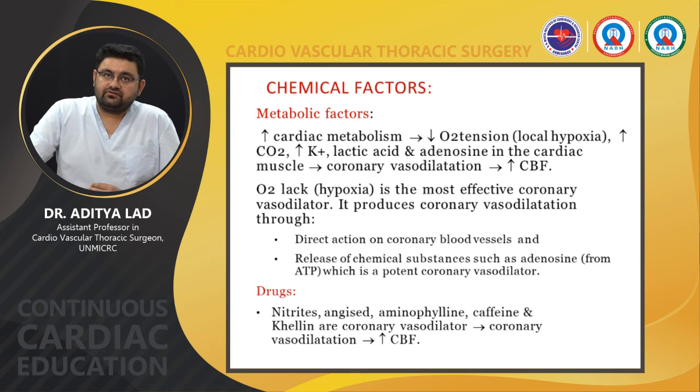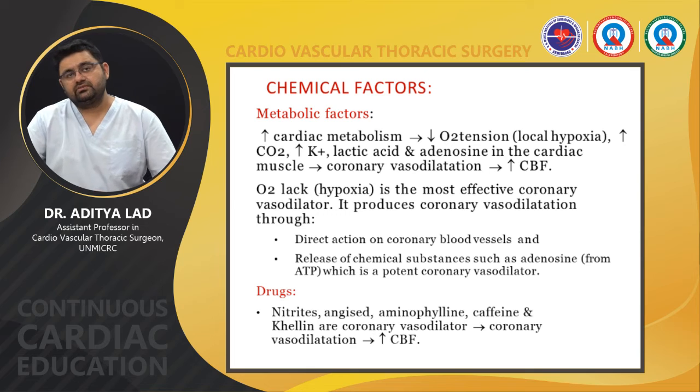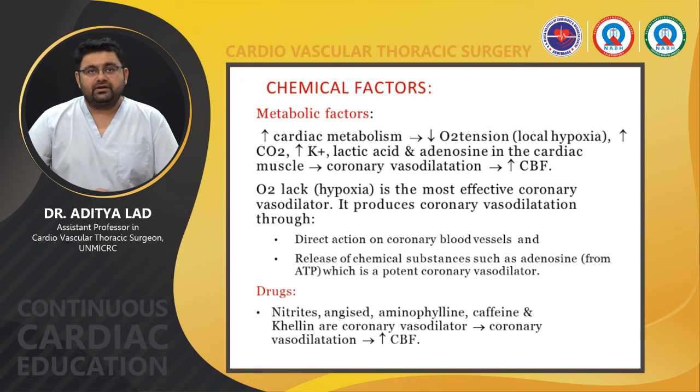Now, what are the chemical factors that regulate the coronary blood flow? The metabolic factors: an increase in cardiac metabolites, which leads to decreased oxygen tension, which can lead to local hypoxia, increased CO2, increased potassium, lactic acid and adenosine in the cardiac muscle, which will lead to coronary vasodilatation and increased coronary blood flow.